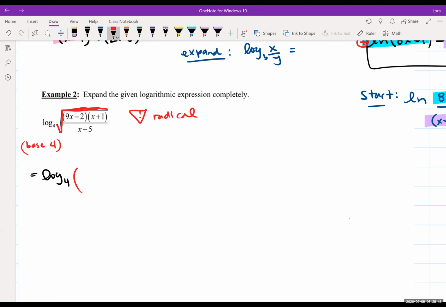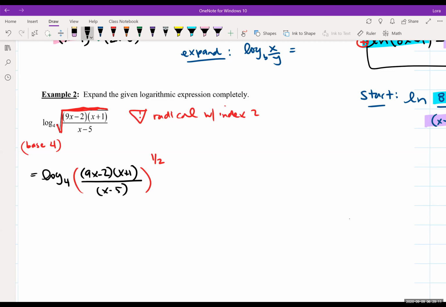So if we rewrote it, the index of this square root would be 2. So that leaves us with a 1/2 power. And it means that our factors, or the entire fraction, is taken to the 1/2 power.